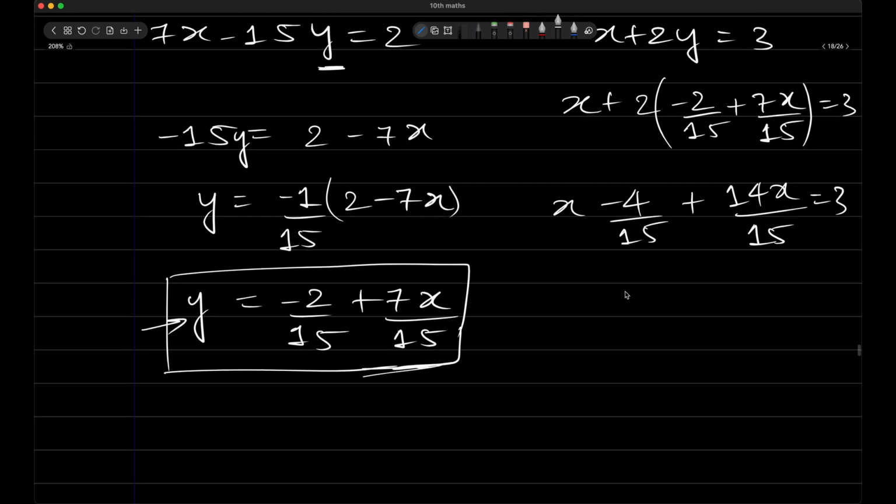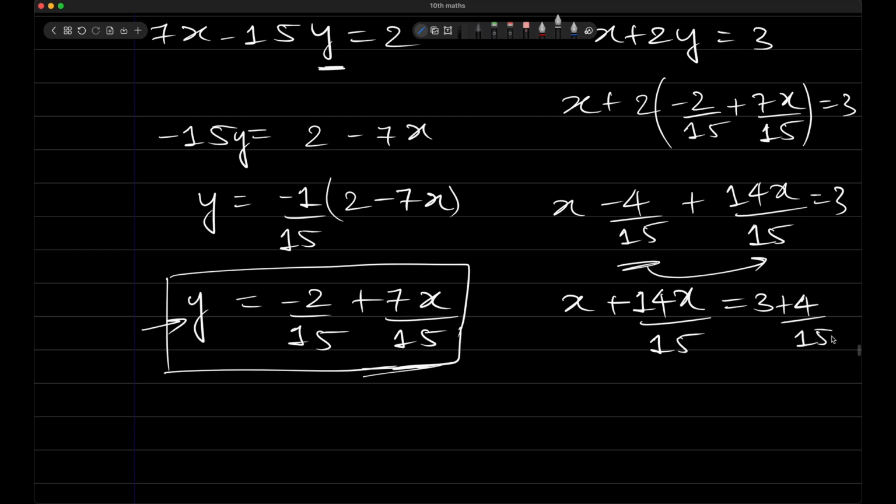Now send the constant term to the other side and put the variable terms on one side, that is x plus 14x upon 15 equals 3, and 4 by 15 goes to the other side and becomes plus 4 upon 15.